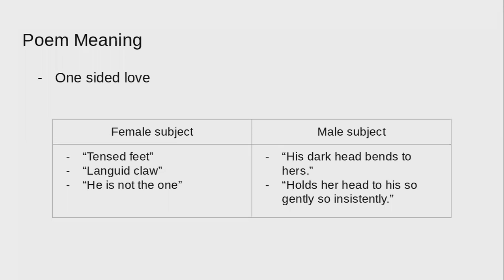In the painting, his neck almost looks tense, which shows that he's really trying to be close to her. Also, there's a quote that he holds her head so gently, so insistently. To me, that was like he's trying to be gentle so that she likes him, but he's also kind of being like, kiss me. And it's just very obvious that the girl is not into the guy and he's very into her.